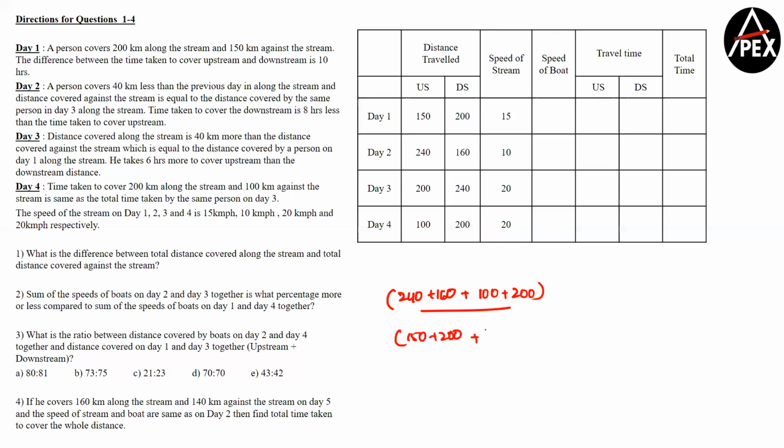On day 3, it is 200 plus 240. So 400 plus 300, it will be 700, by 350 plus 440, which is 790. It will be 70 is to 79. It will be option D. Clear?